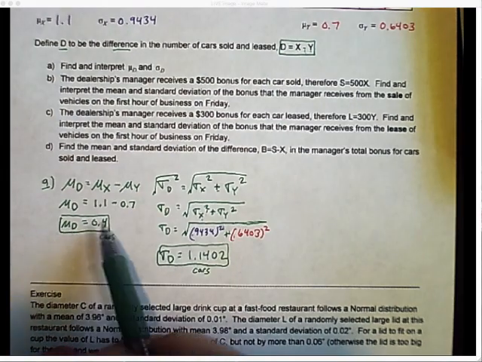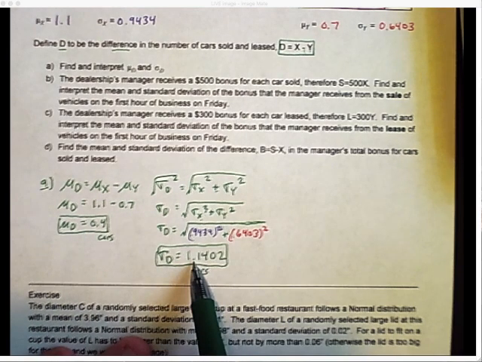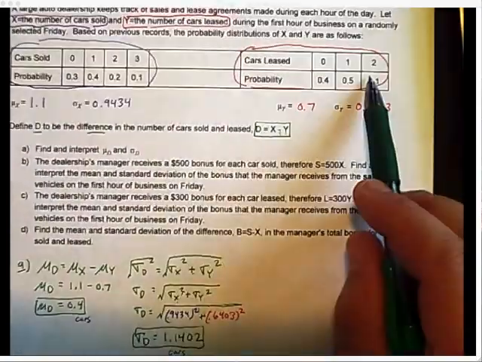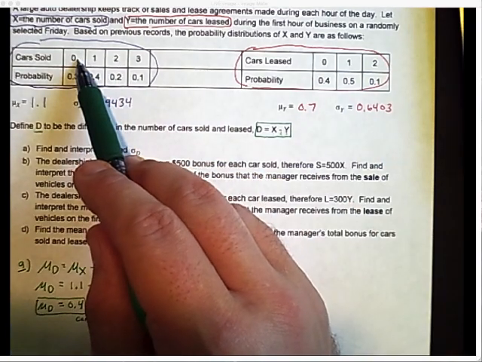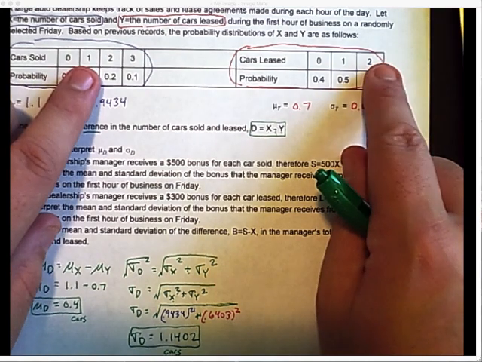So the mean of the difference, on average, there's a difference of 0.4, but there's a huge spread. There's a much bigger spread. Sometimes 2 cars get leased and no cars get sold, so that difference would be 2. Sometimes if it's 2 and 1, it would be 1.